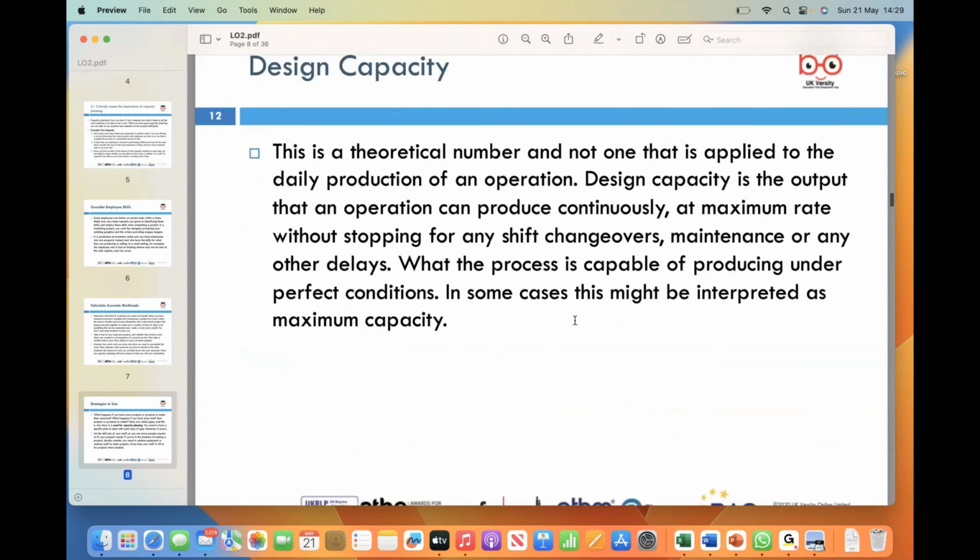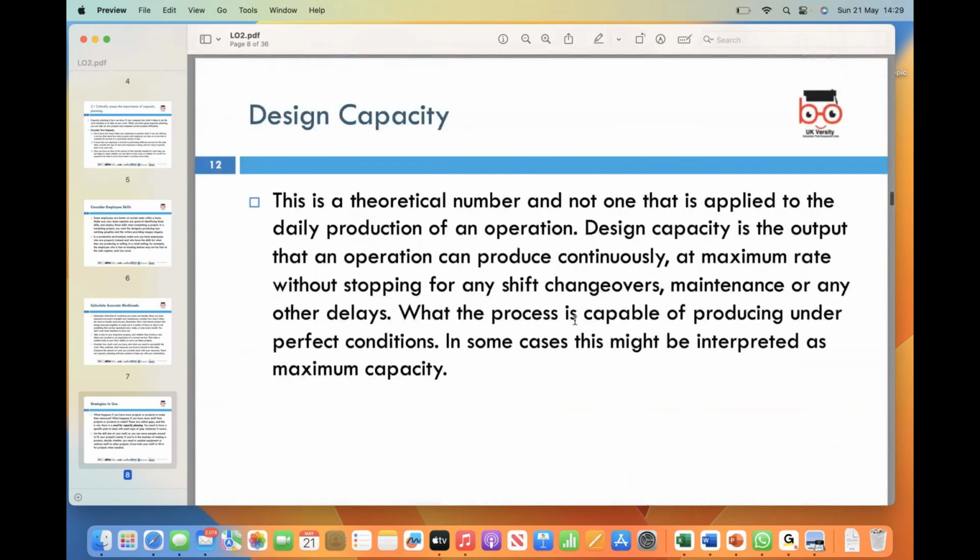Design capacity refers to the maximum output that an operation can achieve under ideal conditions without any interruptions such as shift changes, maintenance, or other delays.